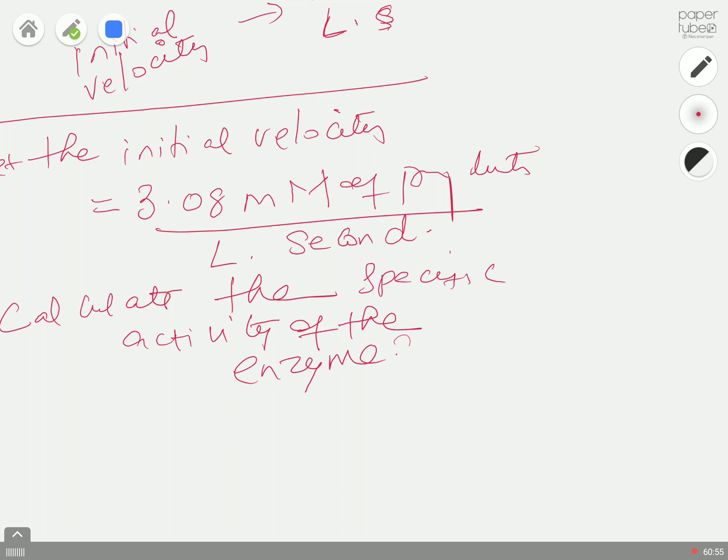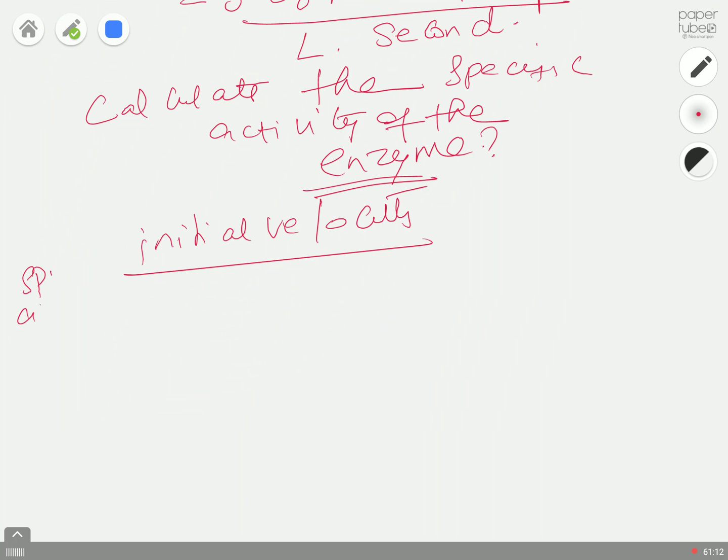Calculate the specific activity of enzyme. Yeah? So specific activity is just your initial velocity. So your specific activity is initial velocity divided by mass of catalyst.